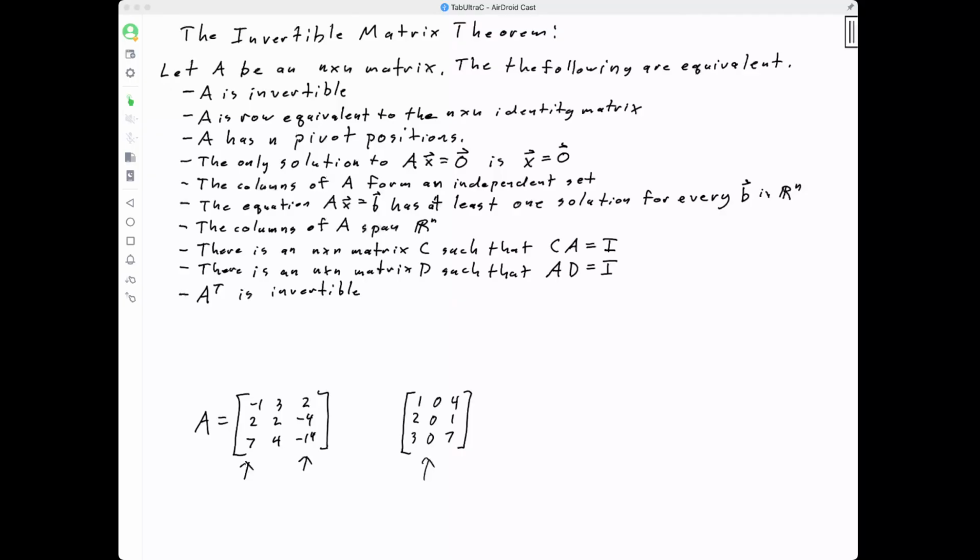And the fact that I can do this using the transpose of these matrices as well says that this works just as well if I use the rows, because the rows of A are the columns of A transpose. So I can use either the rows or columns and look for independent sets.